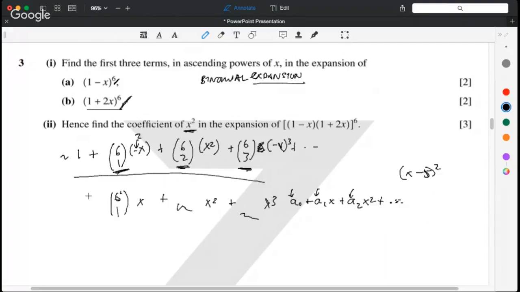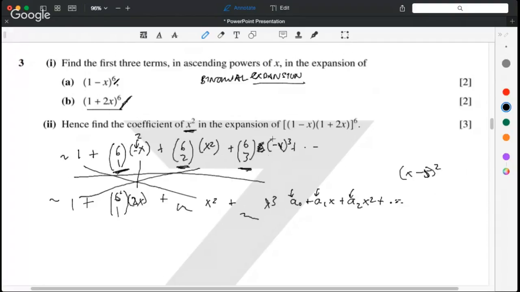So this is like series 1, this is series 2. If you times the 1 by the x squared, that'll give you an x squared term. If you times the x by the x term, that'll give you an x squared term, or the x squared by the 1. So those will all give you x squared terms.